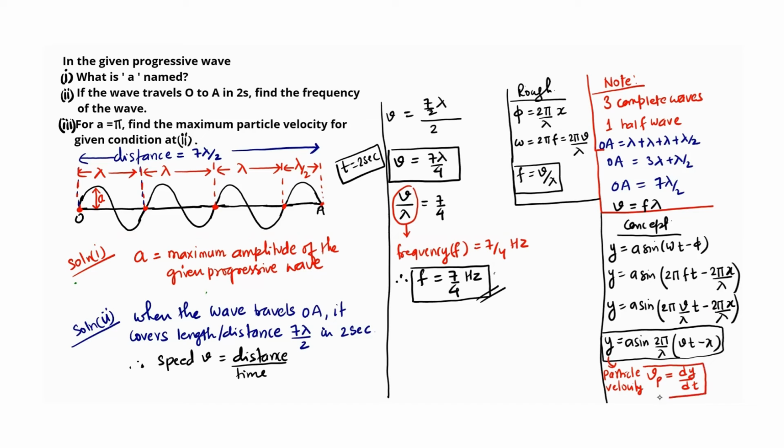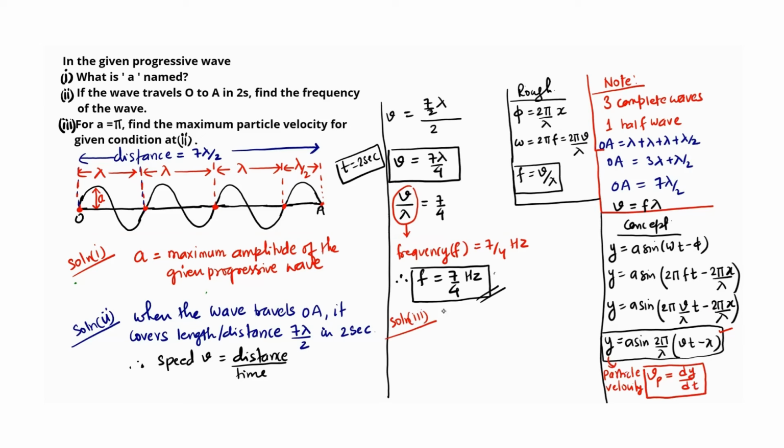We need to take the first derivative of this equation with respect to time. Then we need to find the maximum particle velocity. So I'm writing directly over here, solution of 3.